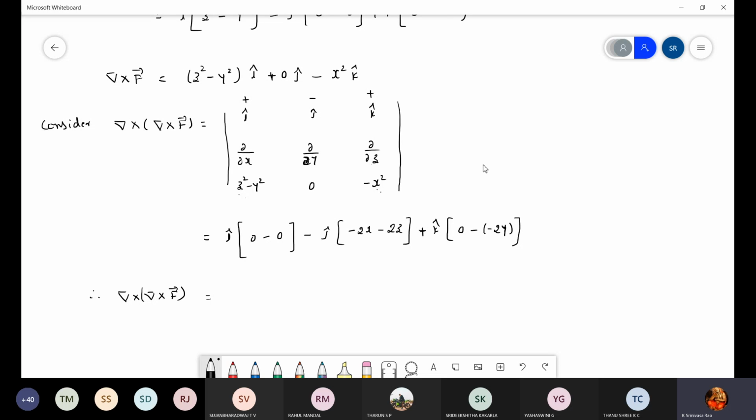Here I will take minus common, in both the terms minus is there, so minus minus becomes plus, it becomes 2x plus 2z j cap, and here also minus minus becomes plus, so plus 2y k cap. This is the answer.